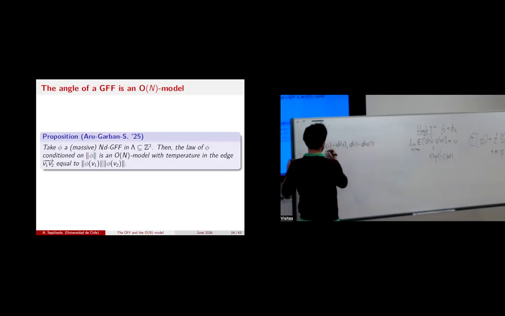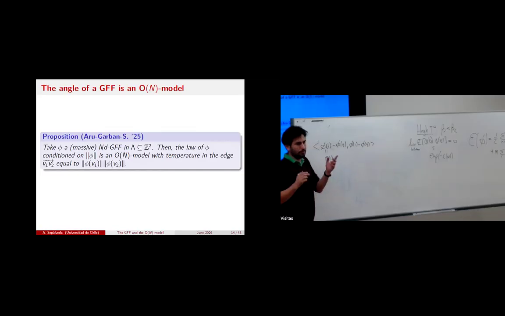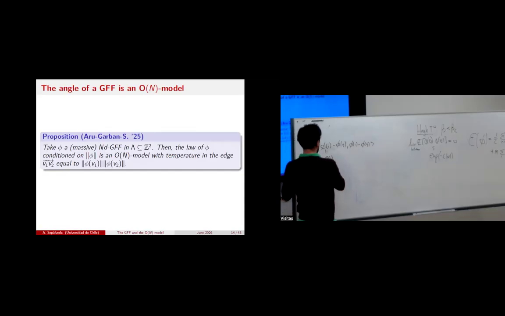You can write this using the angle. If it was a one-dimensional GFF, like a classical GFF, the angle is just a sign, either +1 or -1. But if it's a two-component GFF, the angle is in S1, times the norm, which we can call psi_i.